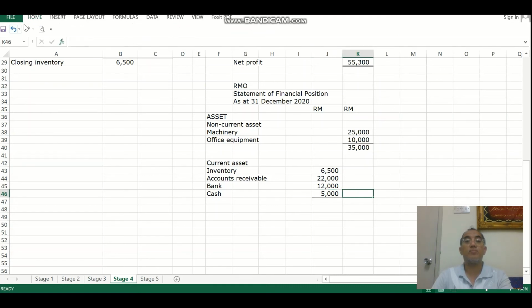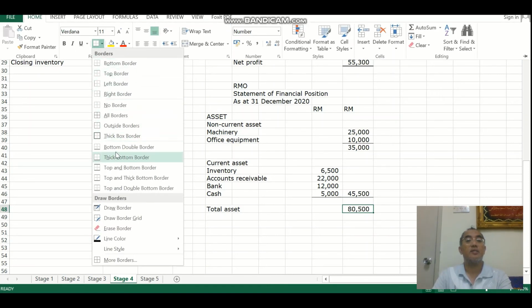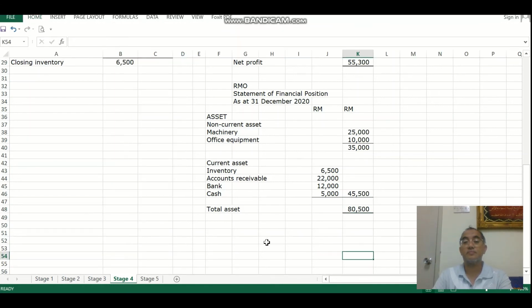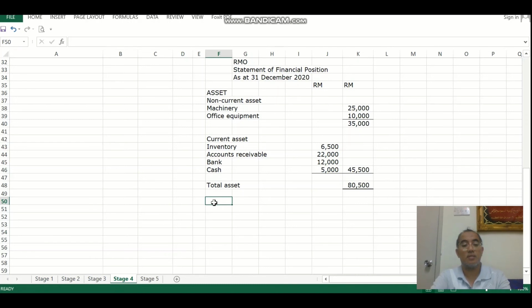I just use this formula: 6,500 add 22,000 add 12,000 add 5,000, and I will get 45,500. So my total asset is 35,000 with 45,500. Now my total asset is 80,500. Okay, let me underline the answer. Then move on.